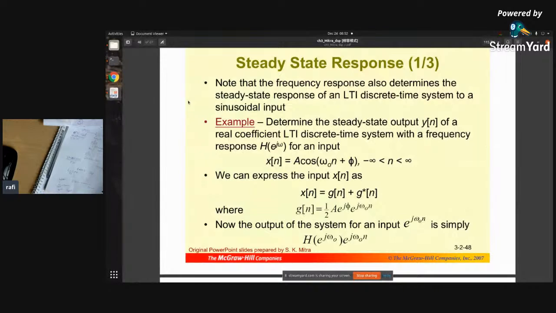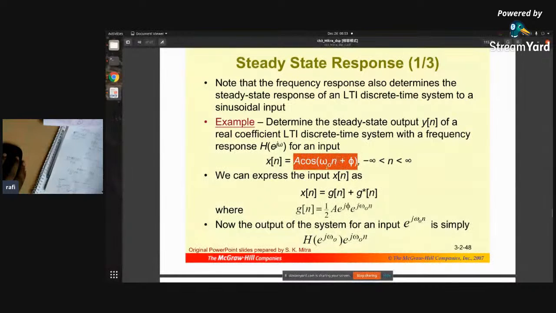So if you take an example, the steady state output of an LTI system, let us say the input is x of n, and this is a completely real signal.